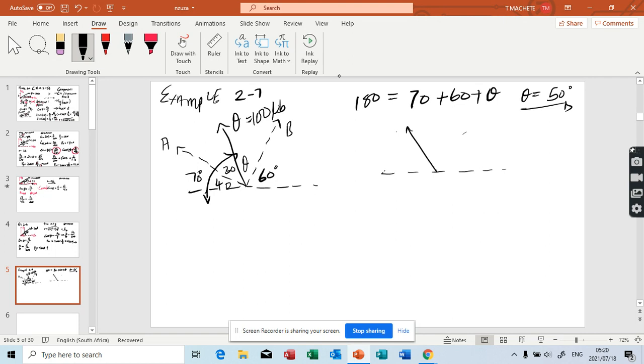It's up to you. Here you choose. It's 30 here, it's 50 here, it's 60, it's 40. So you can choose either one. Which one do you choose?